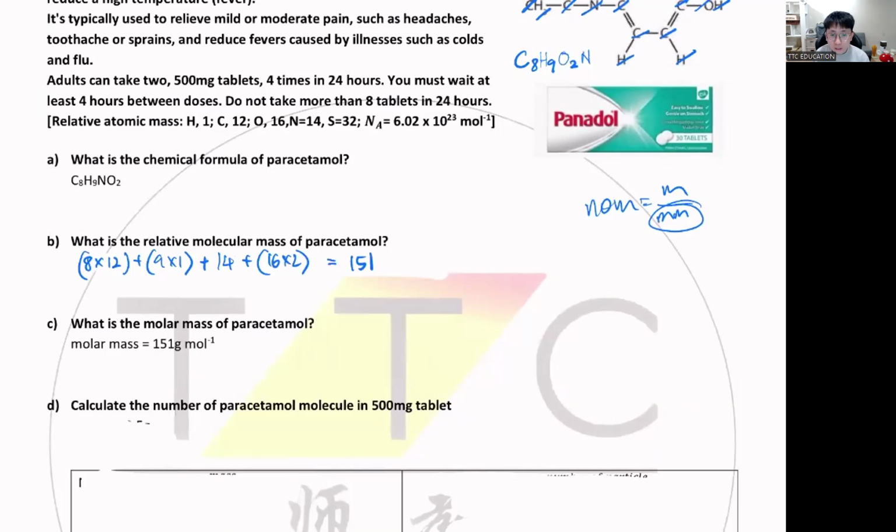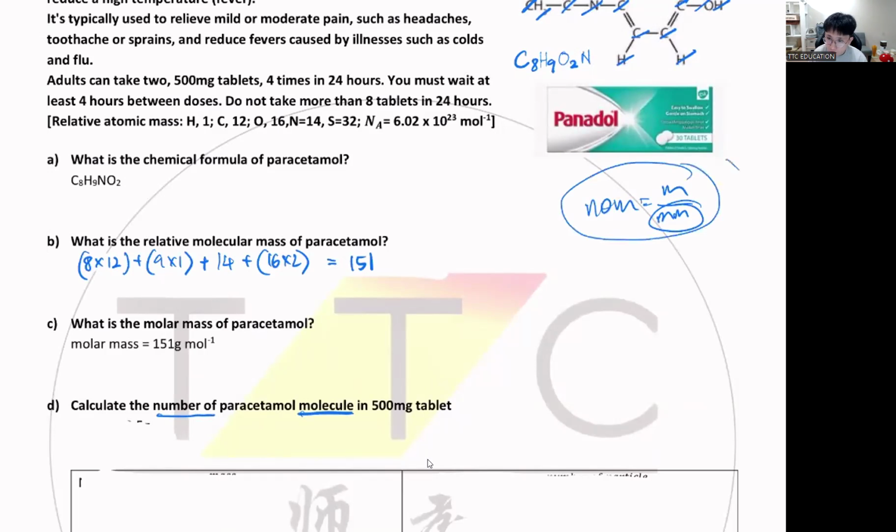Next one, calculate the number of paracetamol molecules. Guys, this comes to our play on formulas. If they want to find the number of molecules, which formula is suitable to use? Do you think this one is suitable?